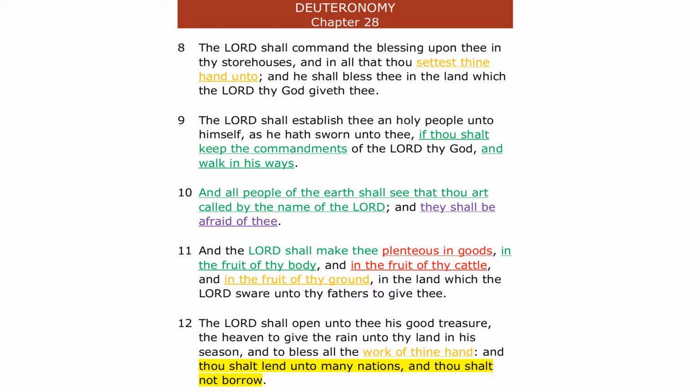And you shall not borrow from them anymore. You weren't borrowing anyway, because no one was lending you. You could barely scrape any money to get your own house, to get a car, and you had to beg for that from banks. But now you will own the banks, you will run the nations, and other nations will come to borrow from you, and you shall borrow no more.